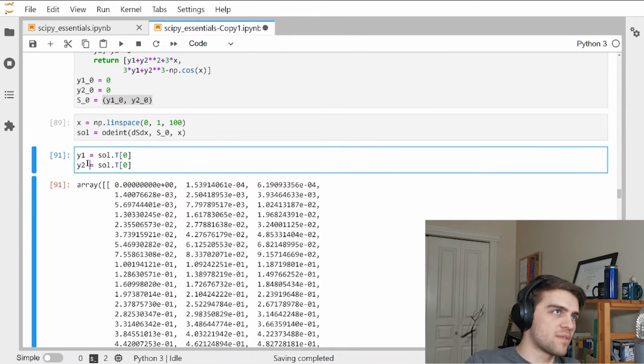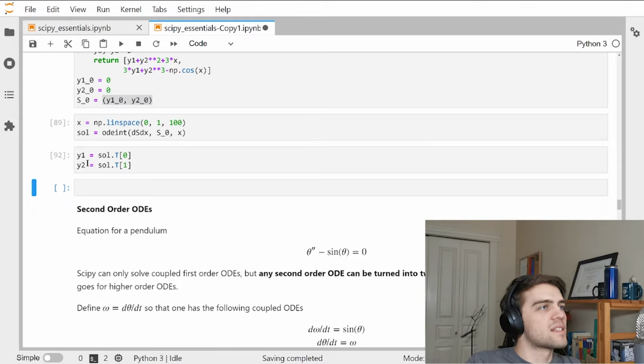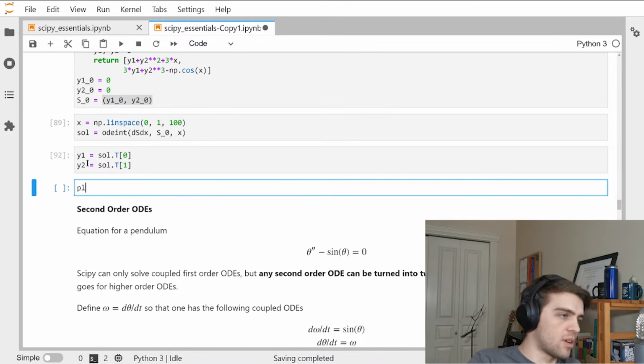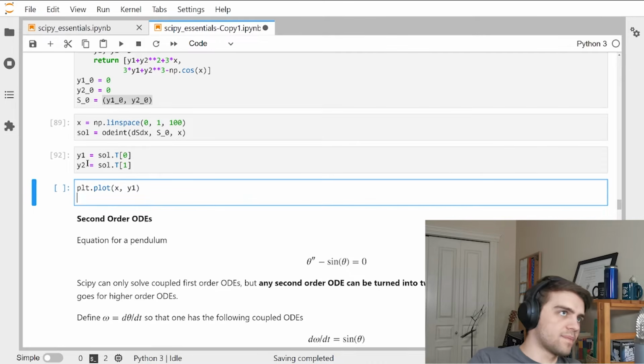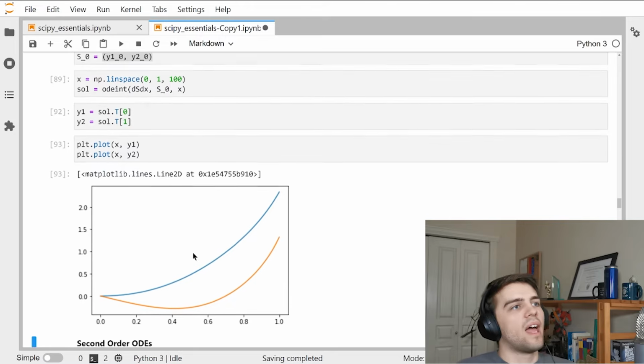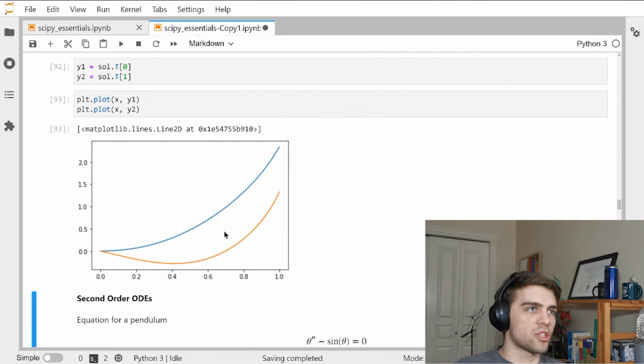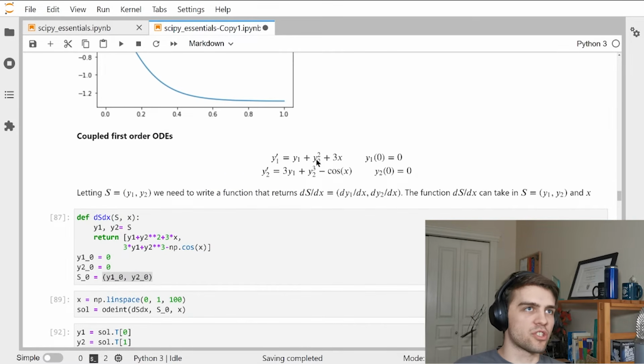And of course, there are faster ways of doing this, but this is how I would extract them. And then I can plot the solution. Plot x, y1, plot x, y2. And then this plots the actual solution to this coupled differential equation system.